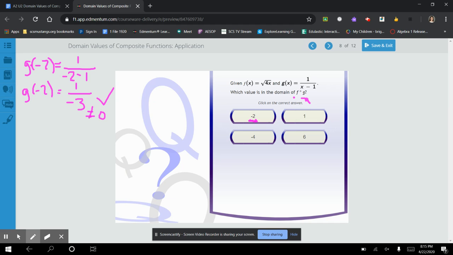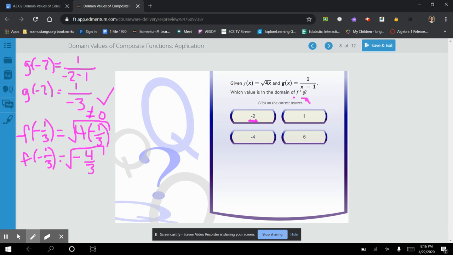So that goes okay. Then I need to take that and plug it in for f and see if that's still okay. So I'm looking at f of negative 1/3, substituting it in, is equal to the square root of 4 times negative 1/3. If I simplify that, f of negative 1/3 is going to be equal to the square root of negative 4/3.